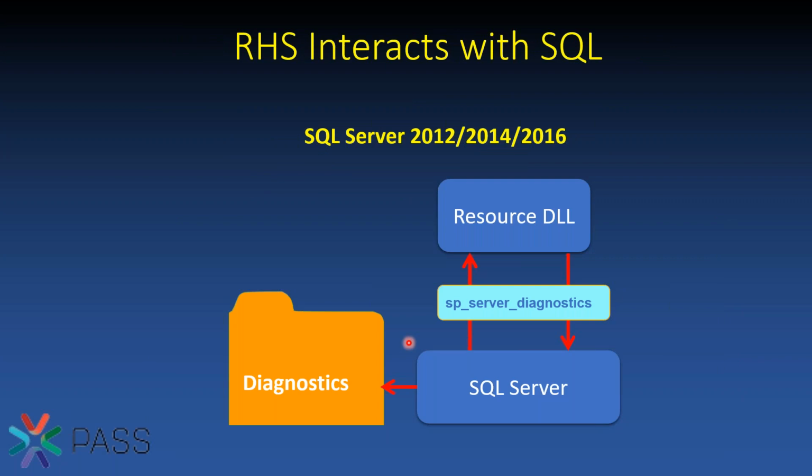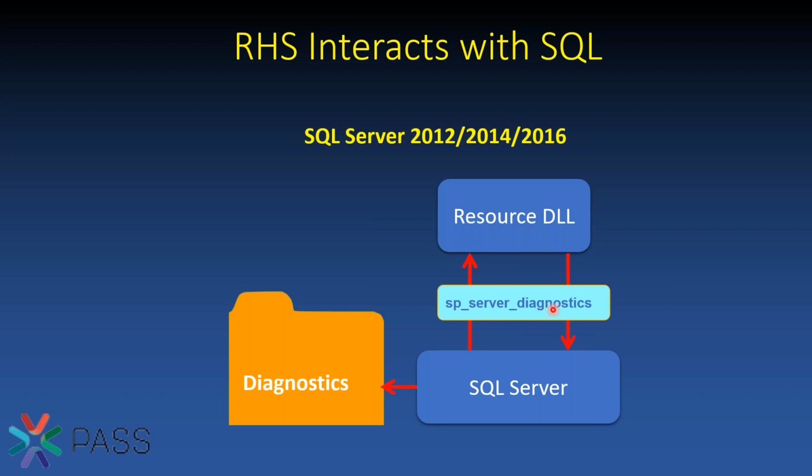So the RHS process now, instead of just connecting into SQL and doing a SELECT @@SERVERNAME, will connect to SQL with one static connection. It connects at the beginning when it brings the cluster online, when it brings the availability group online, and never disconnects. So it's not a stateless thing. It's like a fat client.